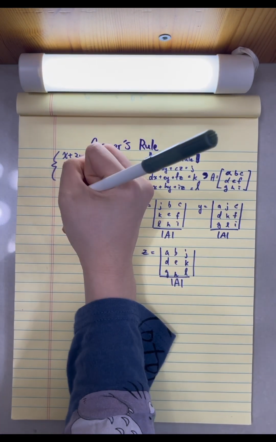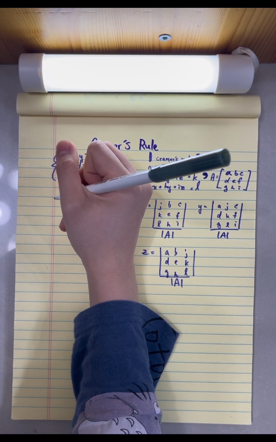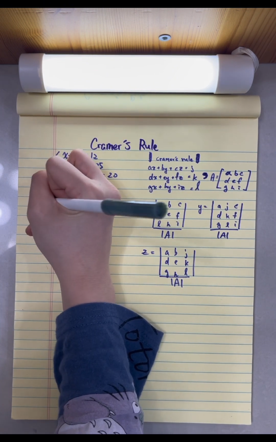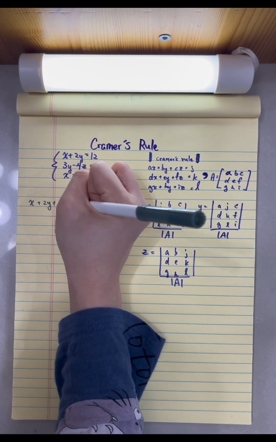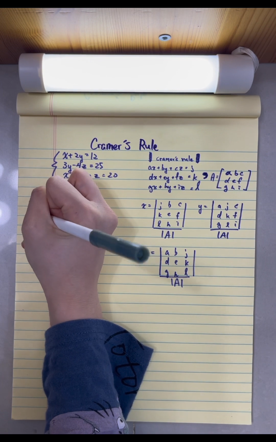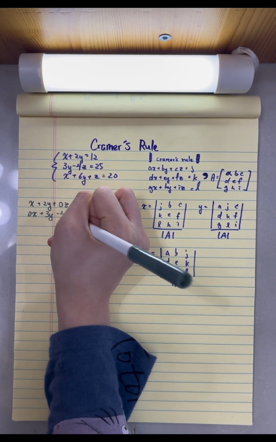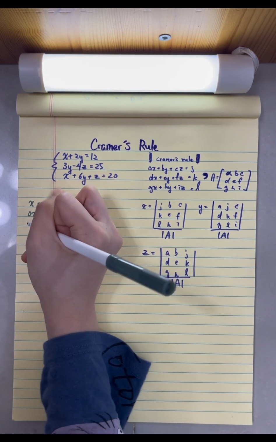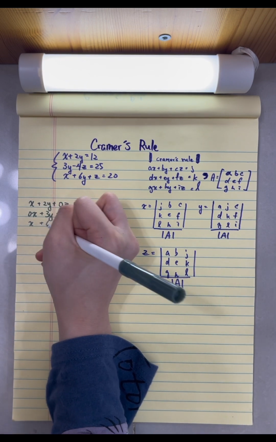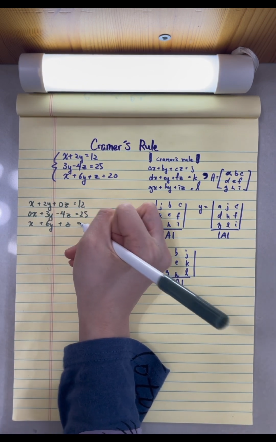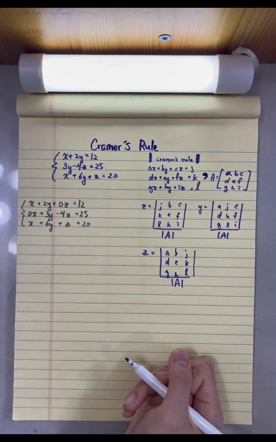However, before we apply the system of equations to Cramer's rule, I will rearrange the system of equations so that x, y, and z are vertically aligned. For variables that don't exist, I'll be adding them in with a 0 as a coefficient.